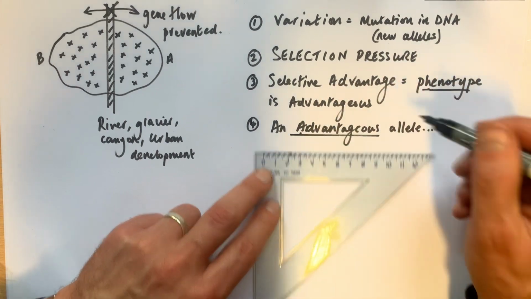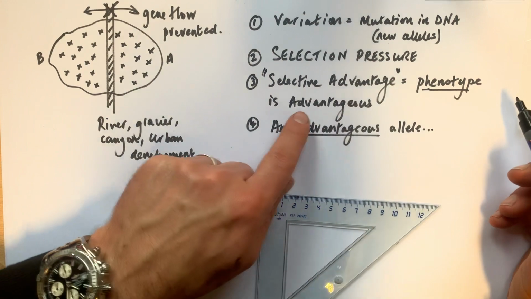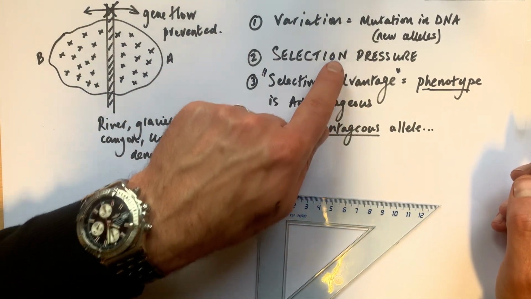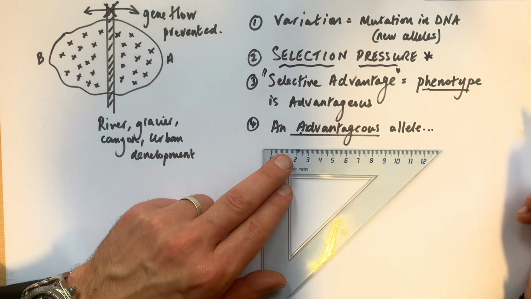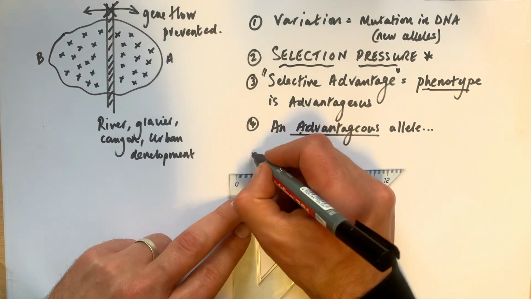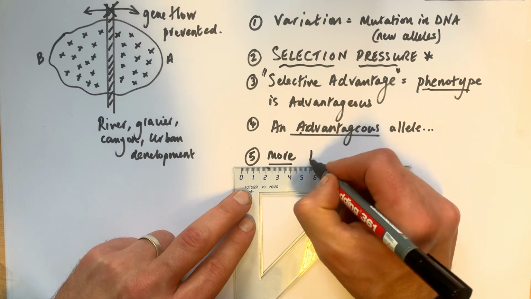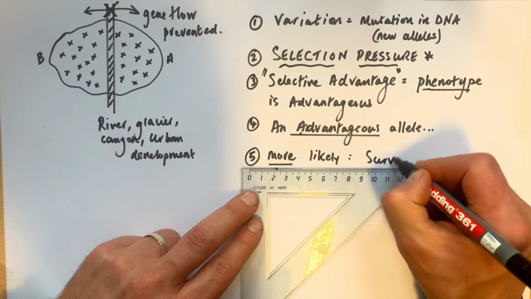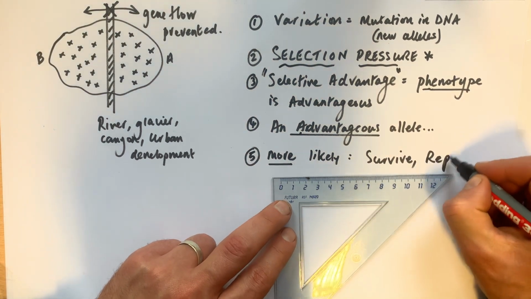So individuals that have a selective advantage will have a phenotype that gives them an advantage. That phenotype is selected for under the particular selection pressure that you mention in the exam. That means individuals with an advantageous allele, number 5, are more likely to survive. And if they get to reproductive age, they're much more likely to reproduce.